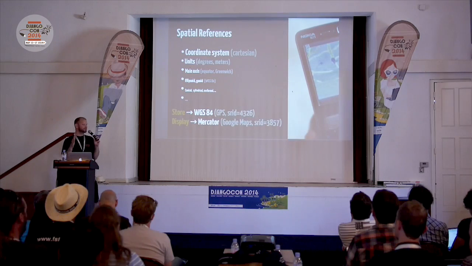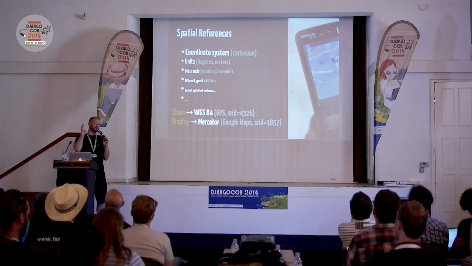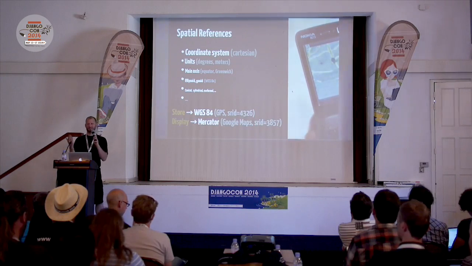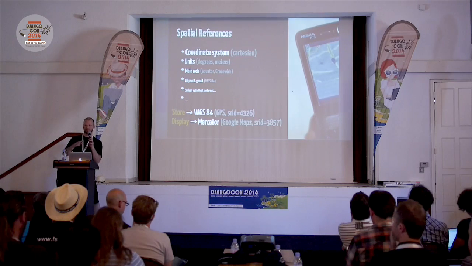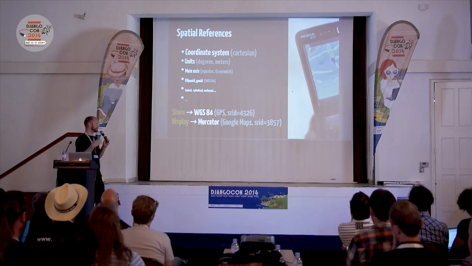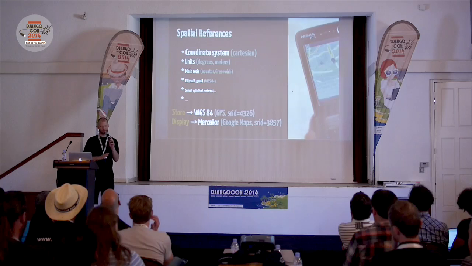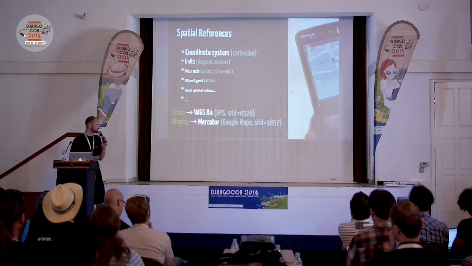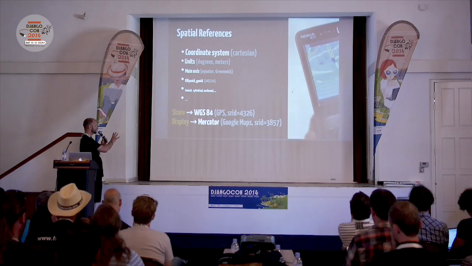So there are many parameters you can use. You can configure the base axis, in case you want another axis than Greenwich and the equator. You can specify a lot of parameters, but I don't want you to get into those details. And just remember that we store the data.